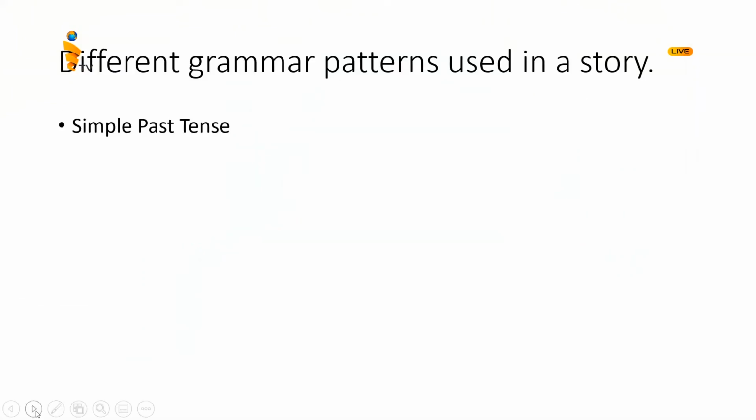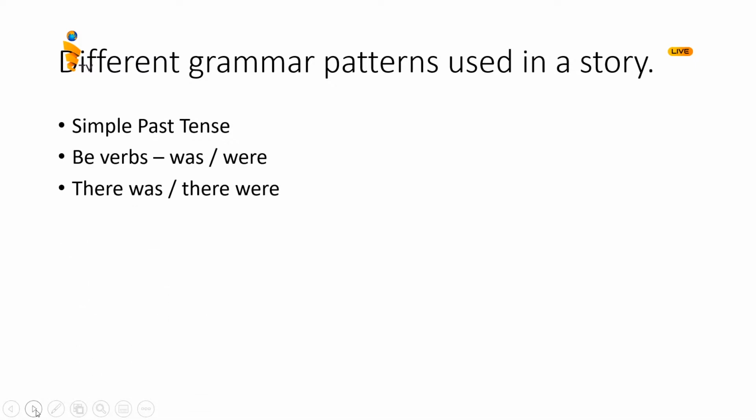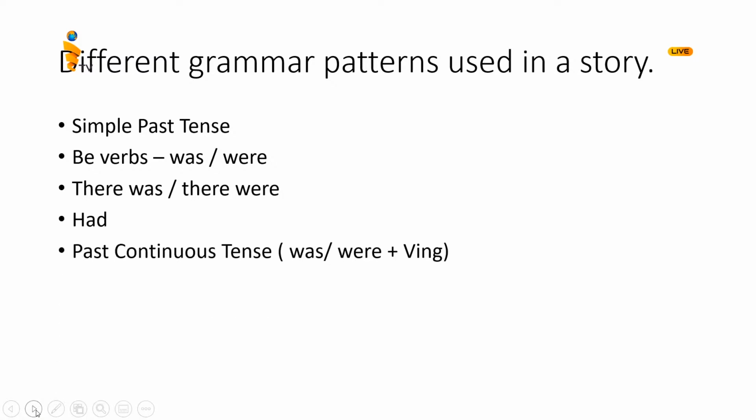At once you may think it is only the simple past tense, but there are other patterns too: the simple past tense, the be verbs was and were, the structures there was and there were, had, the past tense of has and have, and the past continuous tense, which is built with was or were and the present participle form of the verb. Let's look at the story in the next slide.